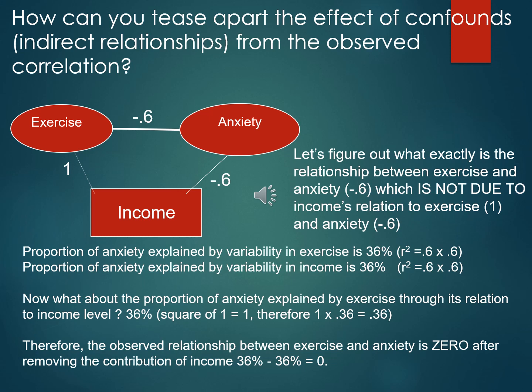So this means if you remove the proportion of anxiety that's explained by the exercise through income, which is 36%, and you remove 36% from 36%, exercise doesn't explain any variability in anxiety when you remove exercise's influence on anxiety through income. So there is no real direct effect of exercise according to this pattern of correlation.